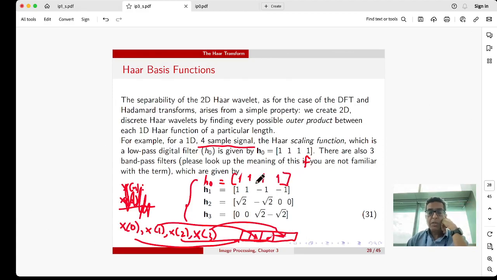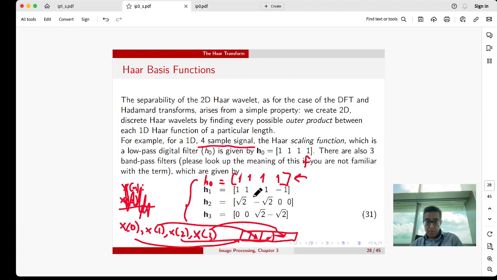When we apply h0 as a basis function, remember we multiply these values with corresponding values in this one-dimensional array and sum. So when we do that with h0, we're just adding up the intensities in here. Remember the little 2x2 example I gave you before, and you will see that this particular basis signal is doing something very similar. It's just adding up values, this time in a one-dimensional array.